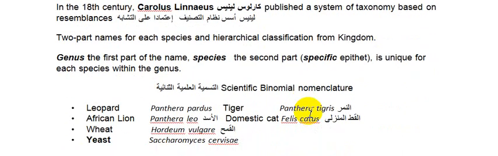In writing the name, the genus name starts with a capital and the species name starts with a small letter. You either put them in italics or underline each one, but always the genus in capital and the species in small.